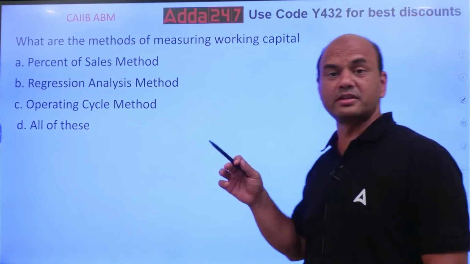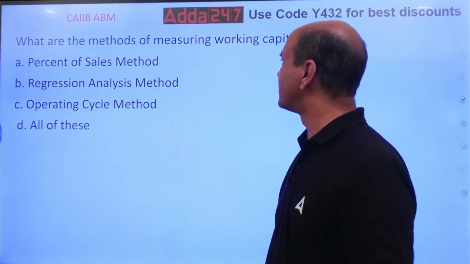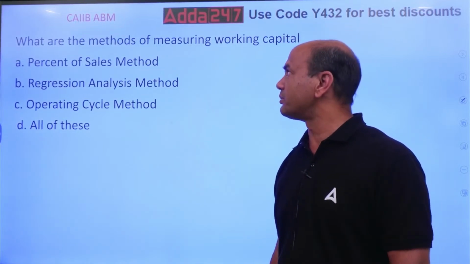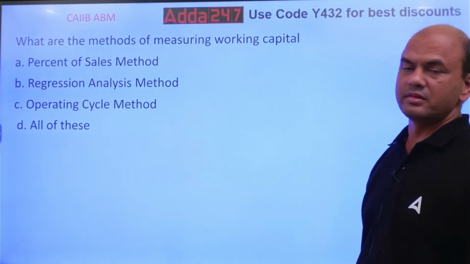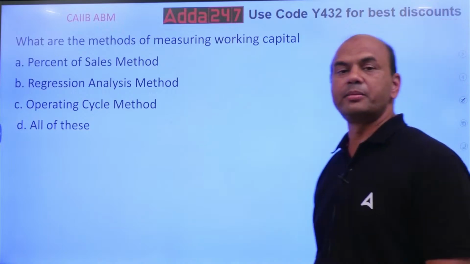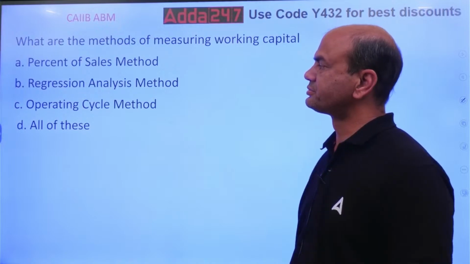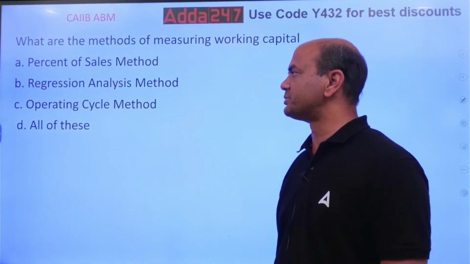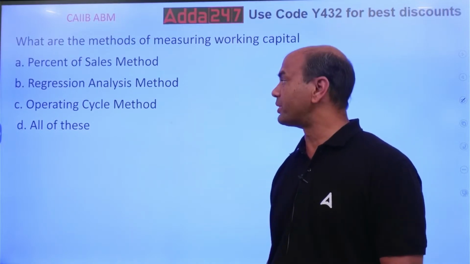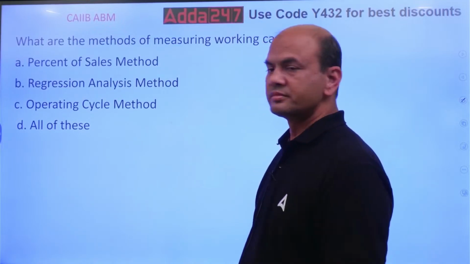We just discussed the Tandon committee and Nayak committee. This is another question. What are the methods of measuring working capital? Percent of sales method, regression analysis method, operating cycle method, and all of these.